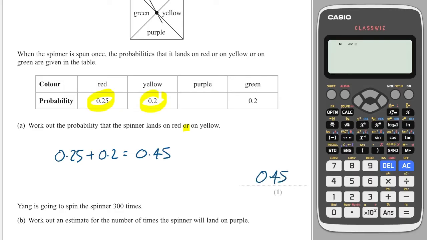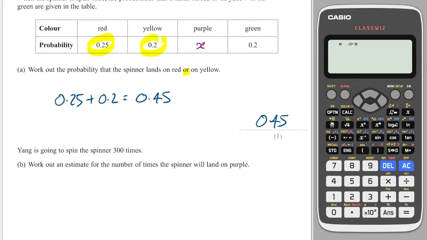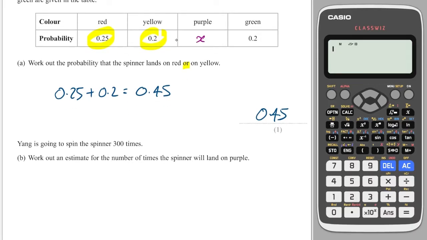Okay, next we're looking at spinning it 300 times, and it needs to work out the number of times it lands on purple. Well, purple in here is not known, we don't know how much that is, but what we do know is that they all add up to 1. So we do 0.25 plus 0.2 plus this unknown plus 0.2 for green, that equals 1.